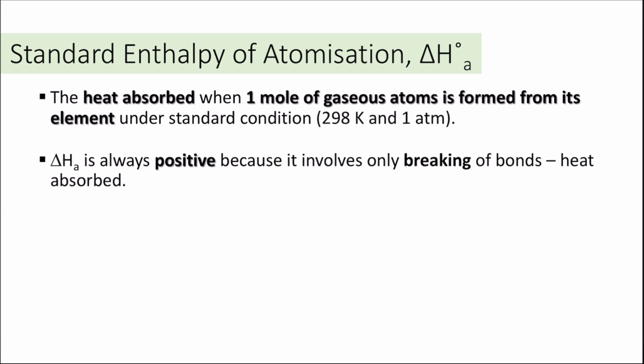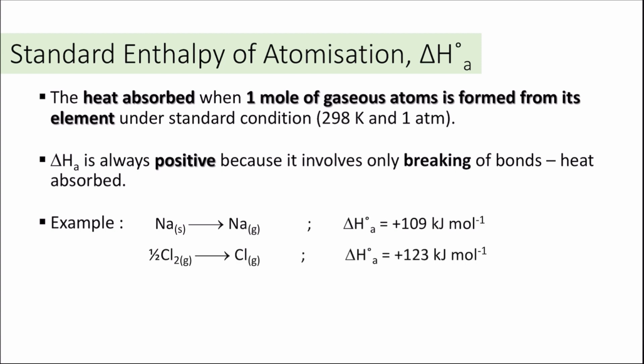Contoh, let's say saya ada these examples di mana ada sodium dan juga chlorine. So let's say saya ambil chlorine. Chlorine adalah Cl2. So Cl2 molecules ni, bila saya nak break the bond, so apa yang terjadi, saya akan absorb energy untuk break this bond.